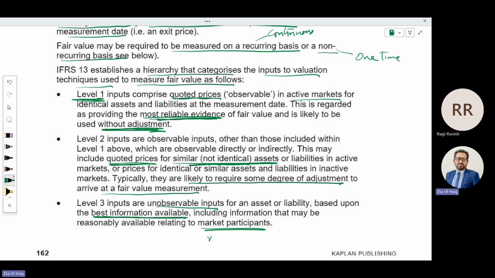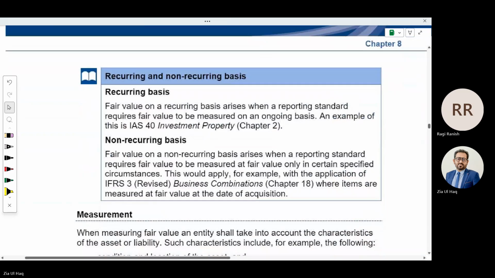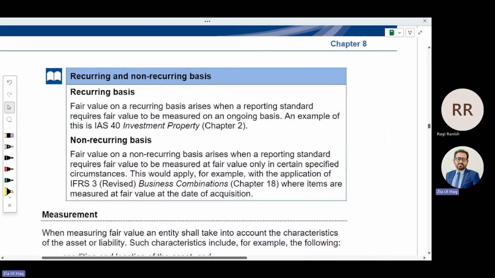And that is the least reliable, very little reliability, because you are calculating fair value based on information from the market, not the quoted prices. Can you understand how fair value can be measured using level 1, level 2, level 3 methods? Let's move on.